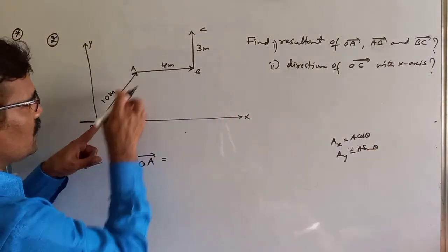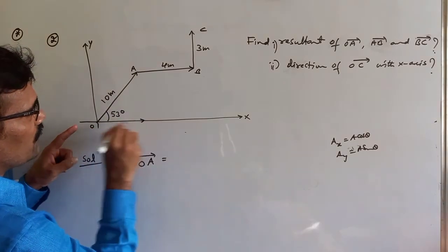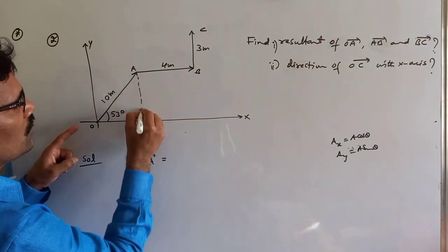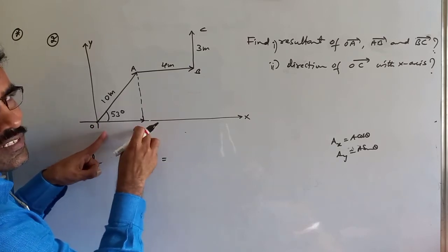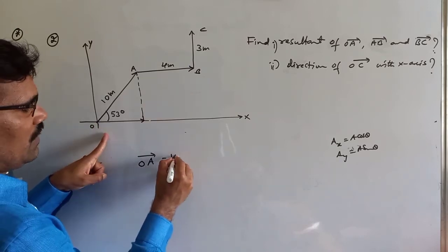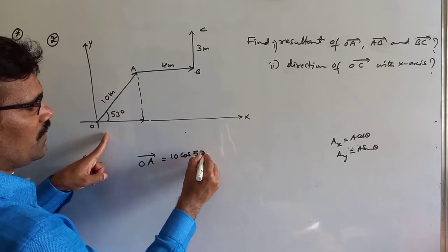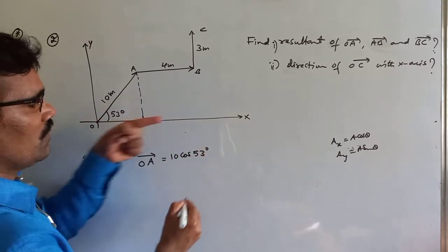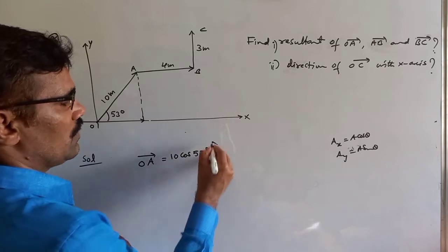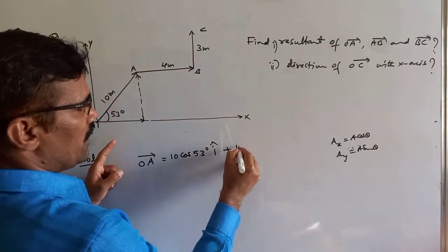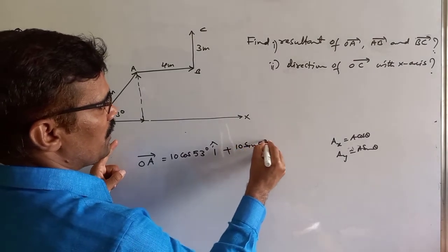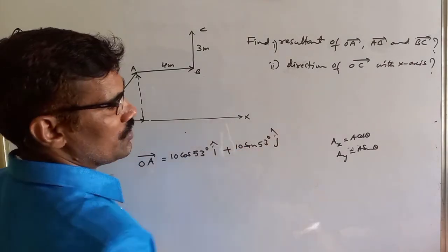That's why here this side is the x component. What about the y component? The x component is the adjacent, so it is 10 cos 53 in direction i cap, plus the y component, 10 sin 53, in direction j cap.